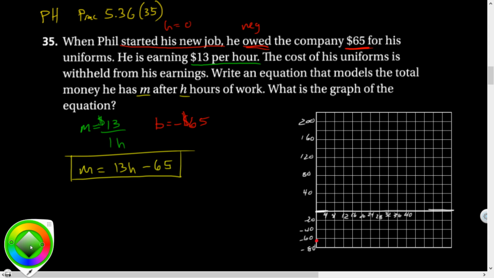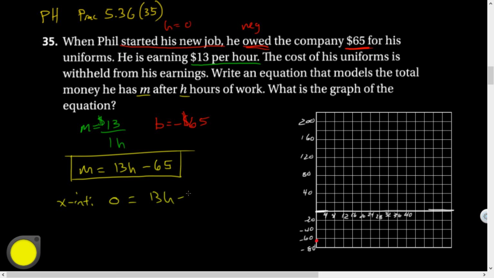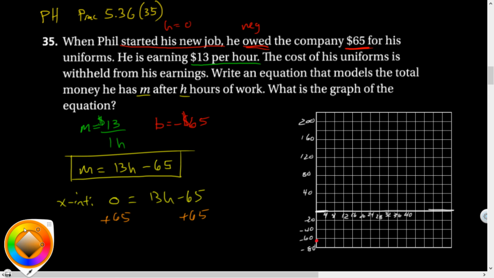Let's find our x-intercept. All right, that means I would plug in 0 for dollars. When does he break even? 13h minus 65. Let's solve real quick. We are such good solvers these days, right? Expert solvers. How many hours?